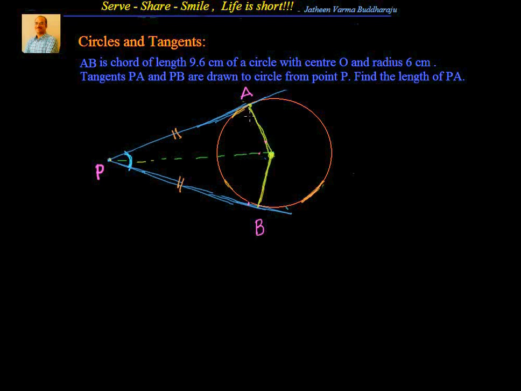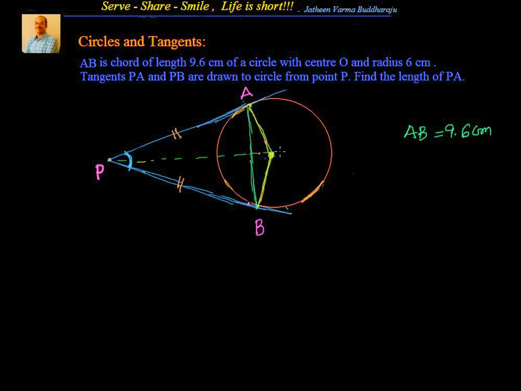So let me just try to draw that. That's AB. So we have AB is a chord of length 9.6 centimeter. So I'll write it down. AB equal to 9.6 centimeter. We have been given that, and we also know O is the center.